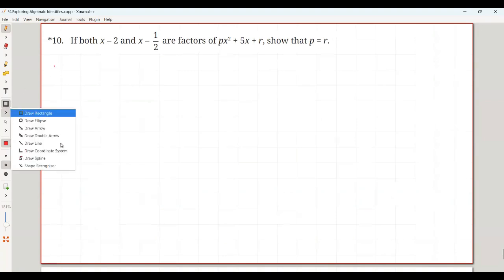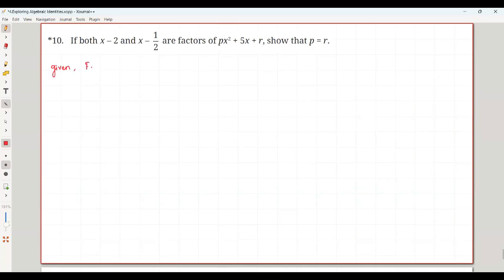So, given: the factors are given. One is x minus 2 is a factor, which means x is equal to 2. x minus 2 is a factor means you can write x minus 2 is equal to 0, that means x is equal to 2.